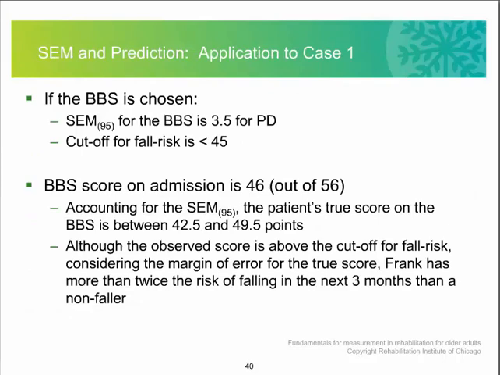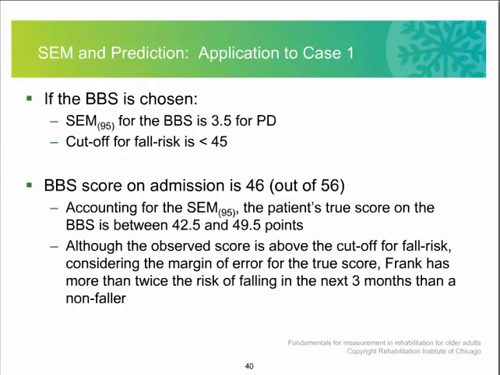When considering the cutoff for fall risk, it is also important to consider the standard error of measurement. In Parkinson's disease, the standard error of measurement with a 95% confidence interval is 3.5 points. Here is a clinical example of application of this information.